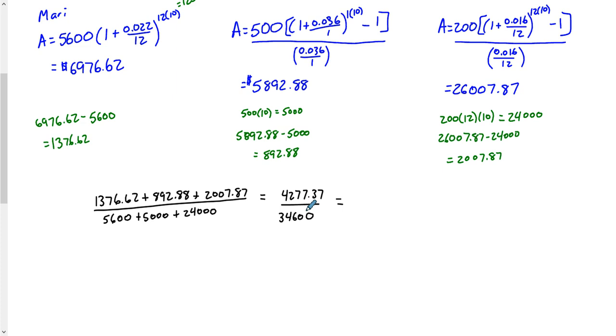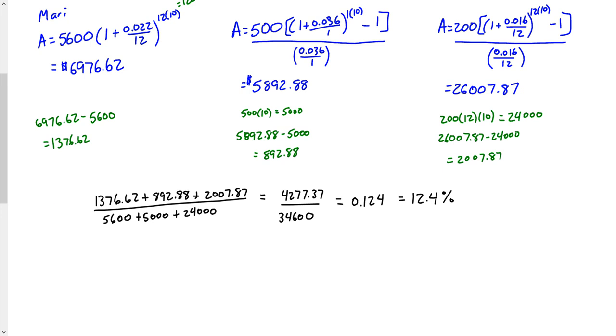How much higher? Well, we'd have to calculate it out. Mary gets a 12.4% rate of return, but Jason got a 16.5% rate.